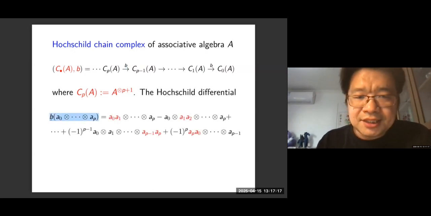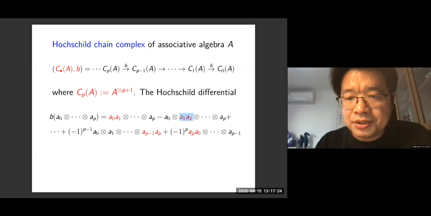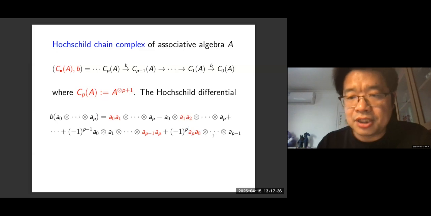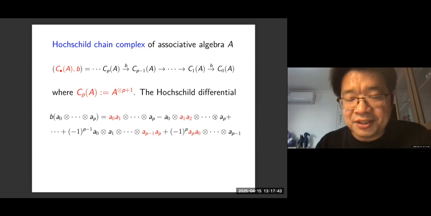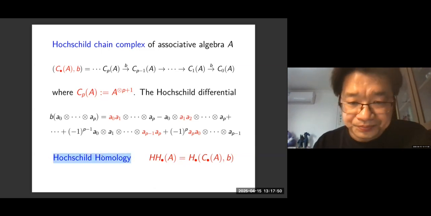It acts on these tensors as follows. First you multiply the first two elements, a0 and a1, minus a1 a2, and so on, alternating. And finally, you add the term where you multiply the last a_p to the front a0, with the correct sign. You can check that b squares to zero, so it really defines a differential. The corresponding homology is called Hochschild homology.